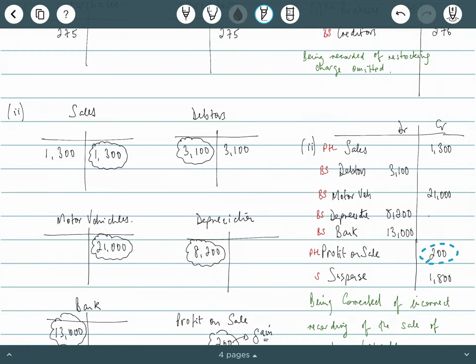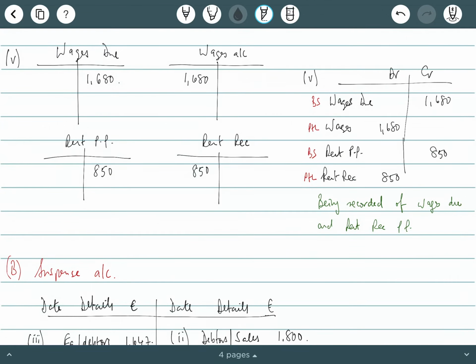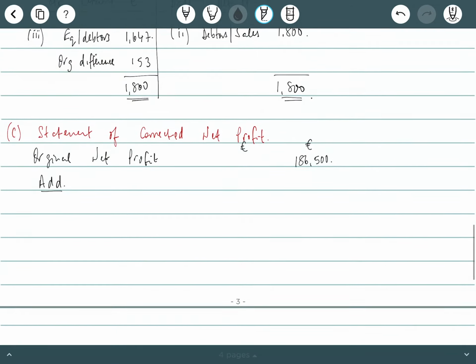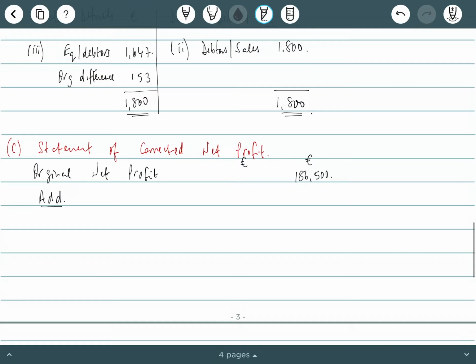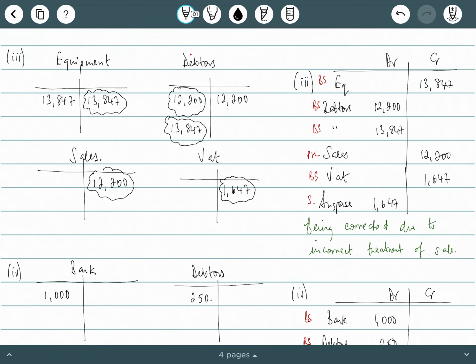So let's go down and put those in. We had sales, we had profit on sale. Our sales, if you remember lads, was 1,300 and our profit on sales was 200, and they both came from working 2. Let's go back up. Working 3, a credit entry that affects the P&L.